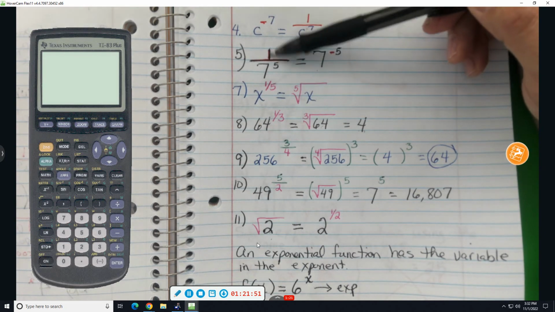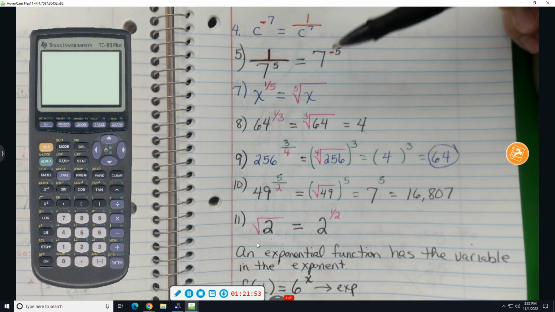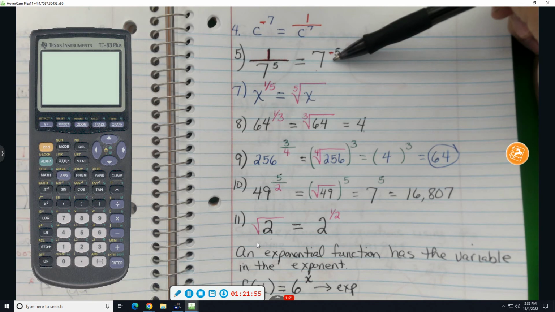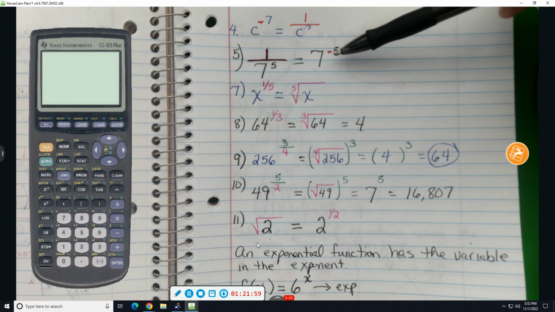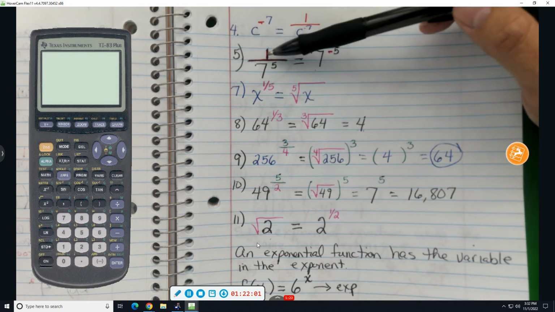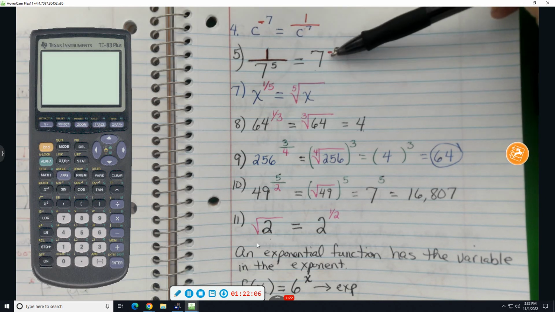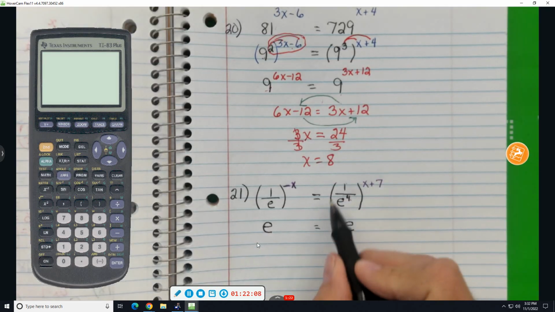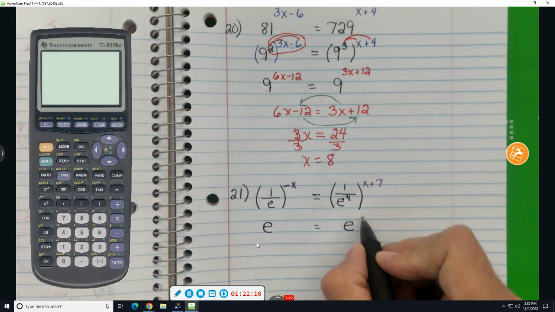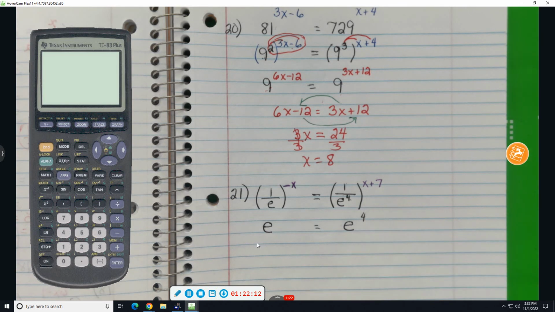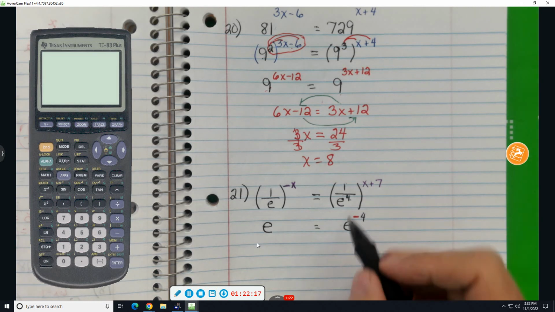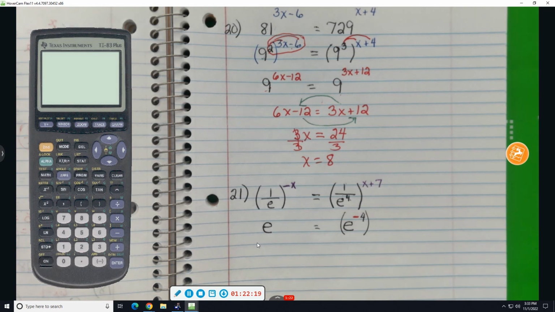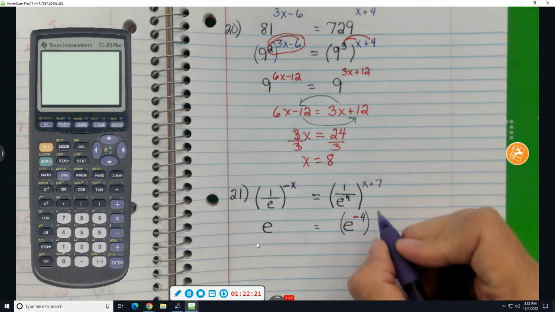If you have a 1 over, to get rid of it, you make the exponent negative. The way this stuff just builds slowly, one on top of the other. So I claim this 1 over e to the 4th, I'm going to write as e to the negative 4th raised to the x plus 7 power.